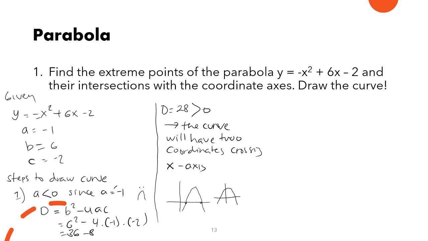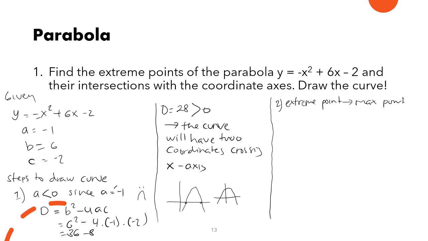So what we are going to do next is to find the extreme points. Second, the extreme points. Because it is concave downward, the point will be a maximum point.